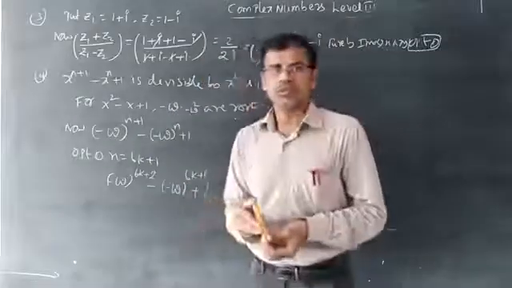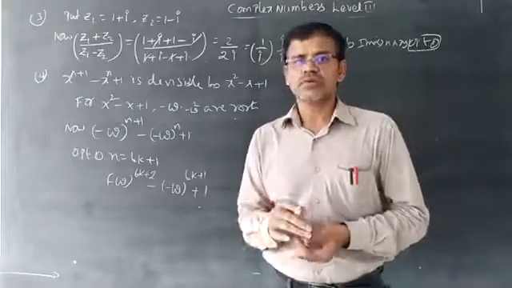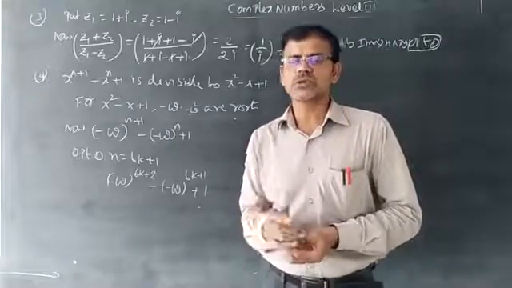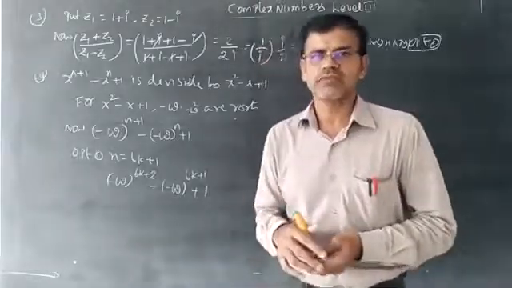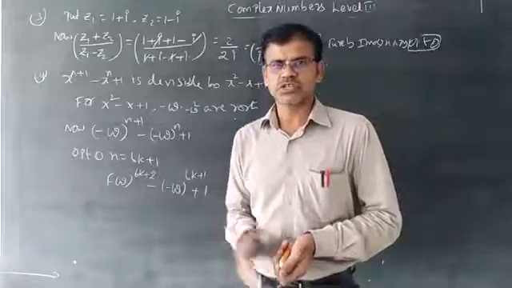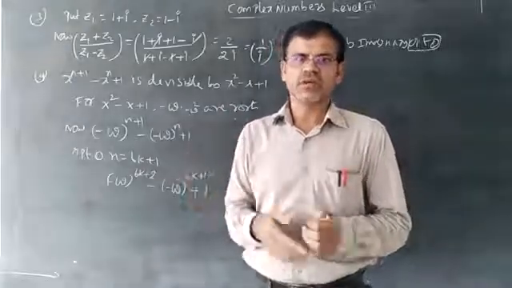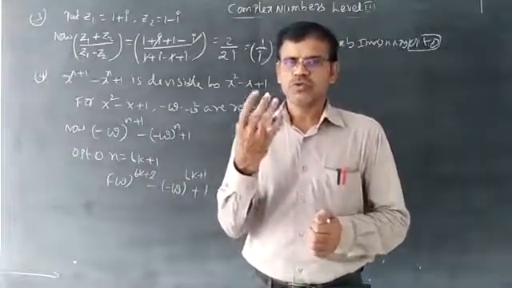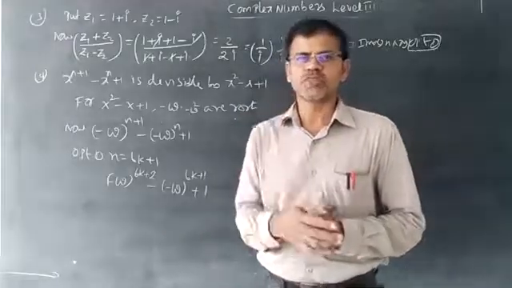One thing you should remember: the summation of nth roots of unity equals 0 if the power is not a multiple of n. I mean 1 plus omega plus omega square equals 0. 1 power 1 by 3 becomes 3 roots: 1, omega, omega square. They are called cube roots of unity.